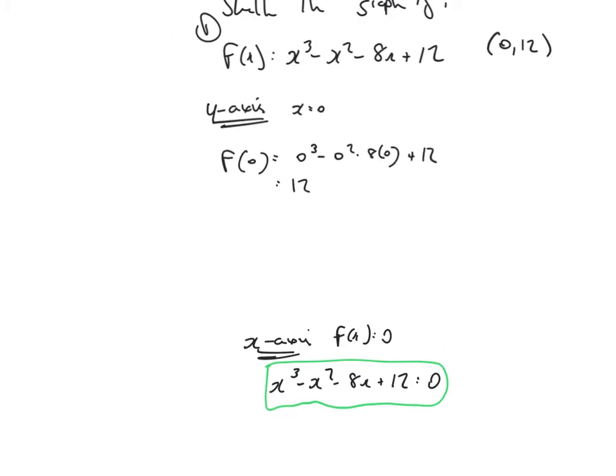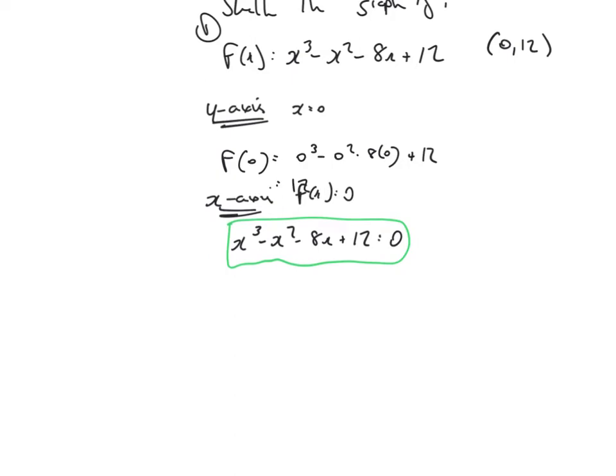So this is one of these ones where I need to do a bit of trial and error. So what numbers will work or could work? It's all your positive and negative factors of 12. So plus or minus 1, 2, 3, 4, 6 and 12.